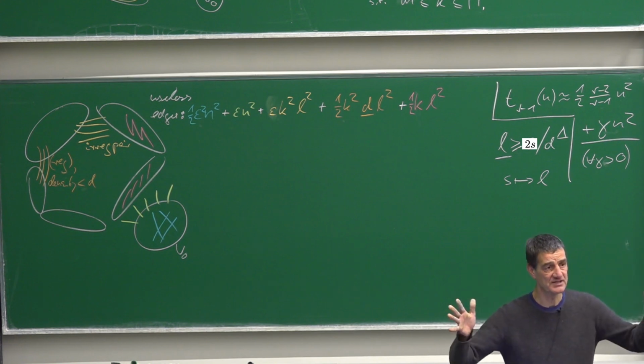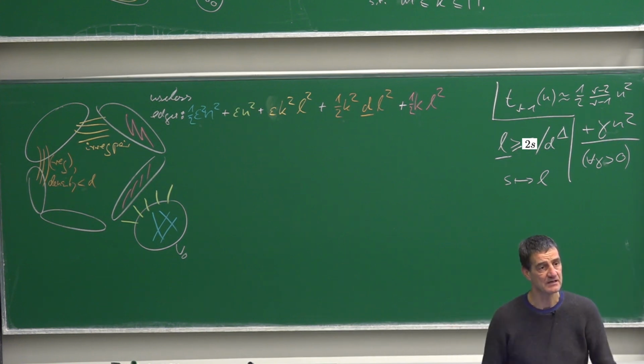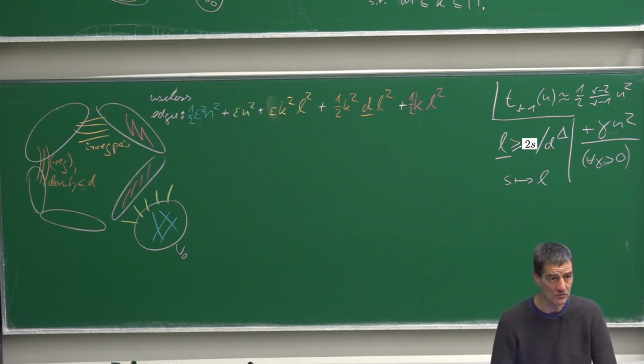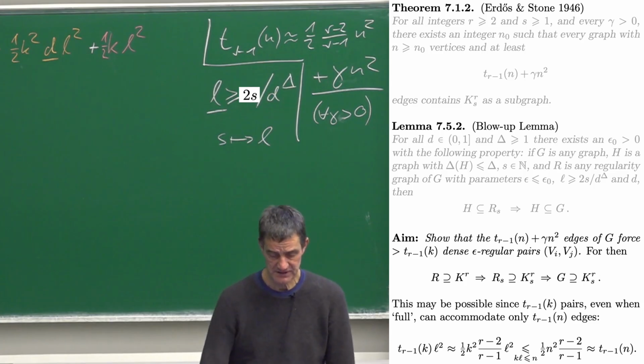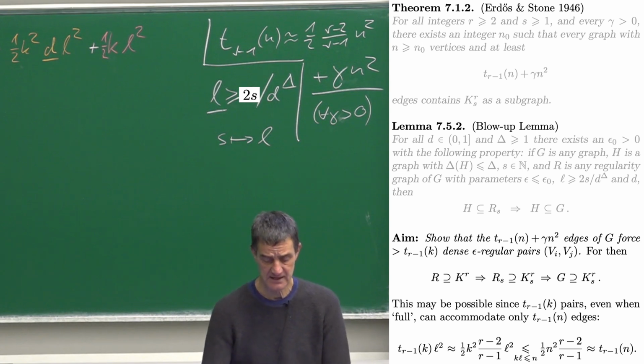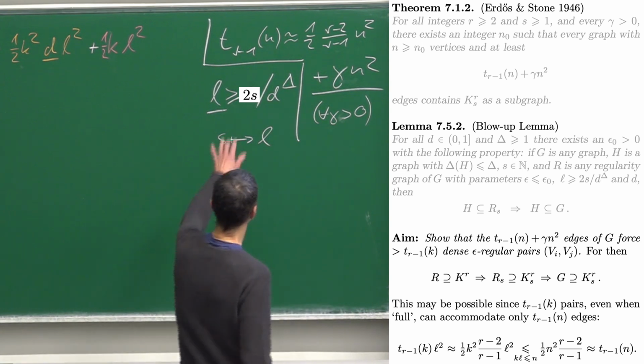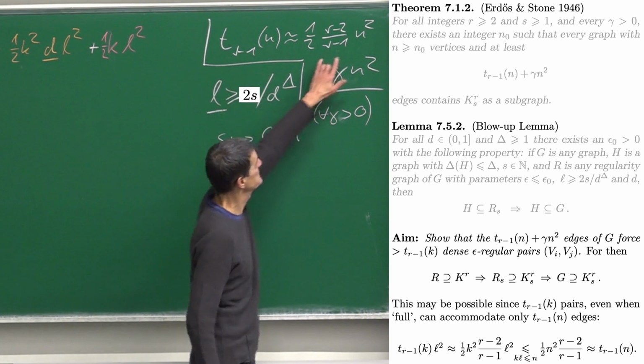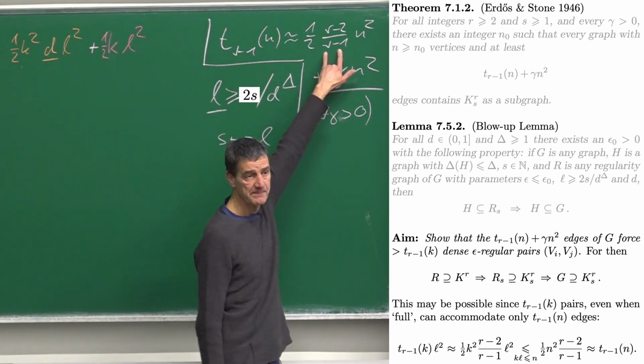If we have lots of edges in G, they can hide in few epsilon regular pairs and thereby only give few blue edges for R, where few is anything less than 2 run. So for example, if R minus 1 equals 10, then 2 run is 9 over 10.